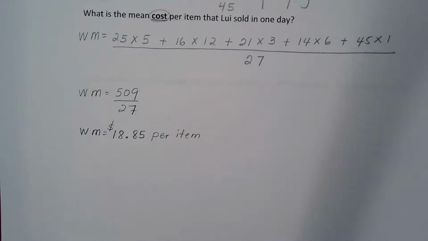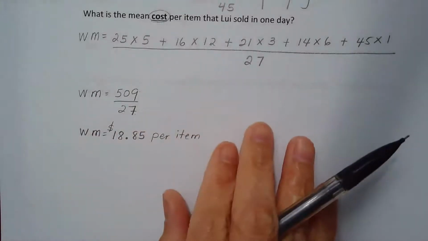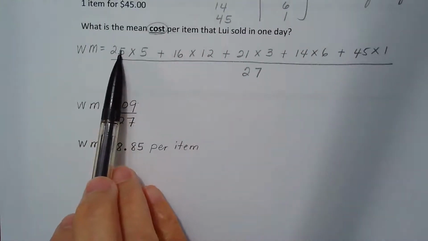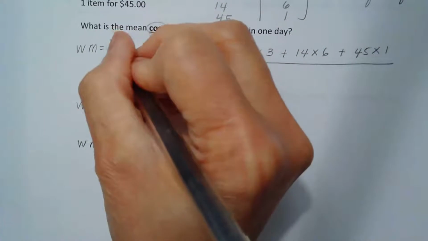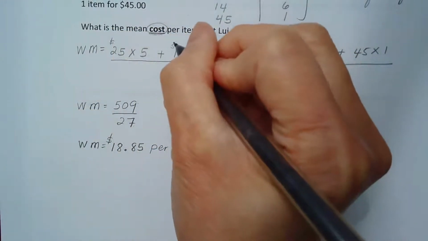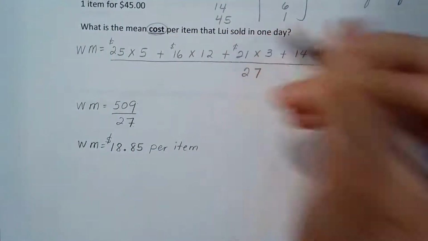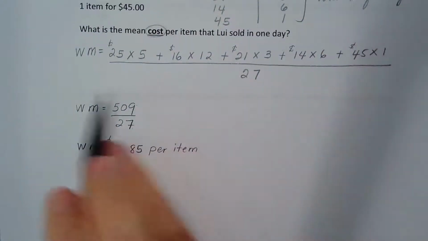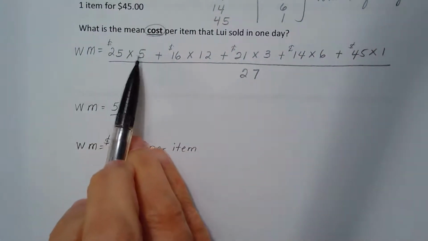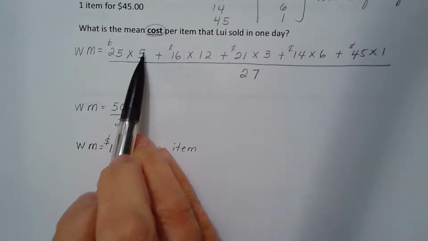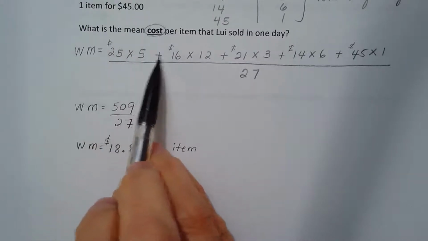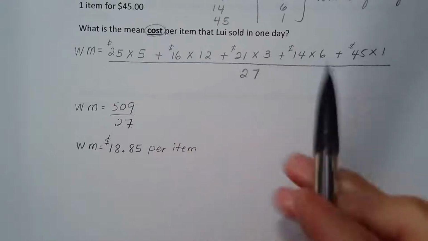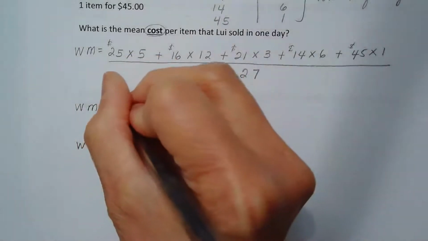Now, I also want to point out something in here. These are dollars. So $25 times 5, all of that is dollars. All of the numerator is worth dollars.